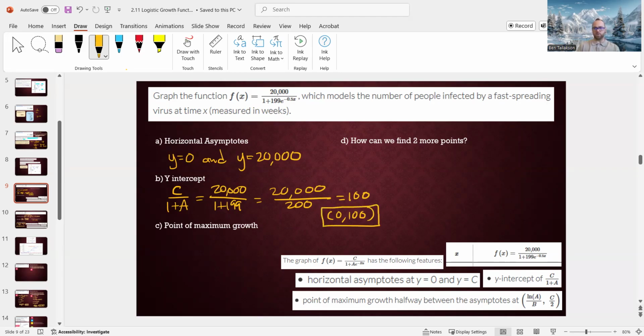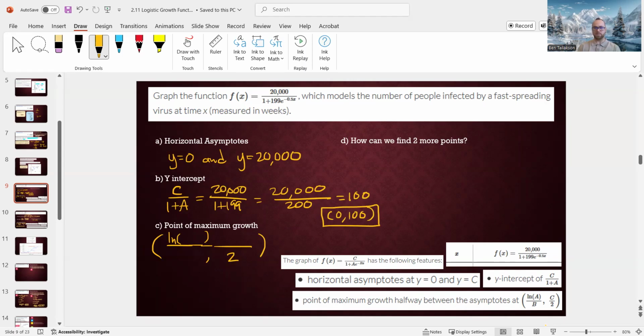Point of max growth. That was another formula we saw. We see it below here, so let's write it out and fill some things in. We have two fractions. We have some pretty large numbers, so let's make it nice and big. We know we have ln here and we have 2 over there. So what is A?